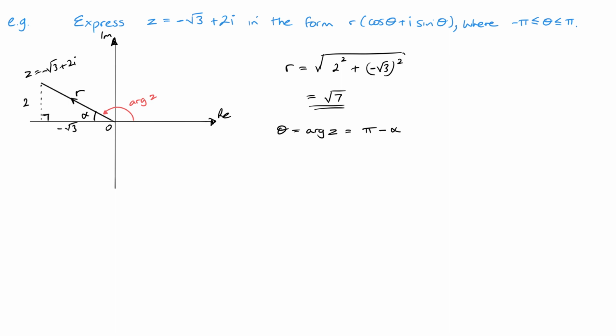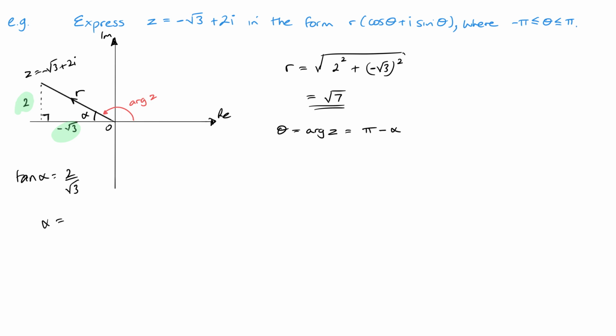Now when you come to do this, you just want to be working out that acute value of angle alpha. So you need to be careful with this bit. You're actually just going to use the positive values, because to find alpha, what you need to think about is, well, tan alpha is opposite over adjacent, like that.